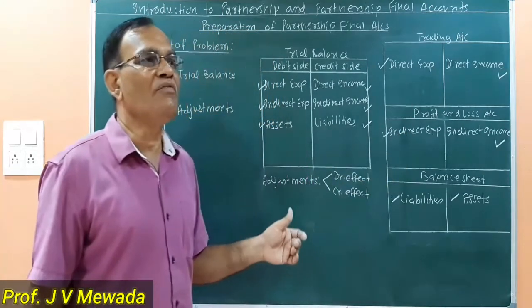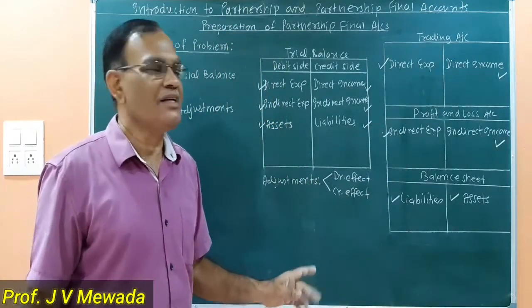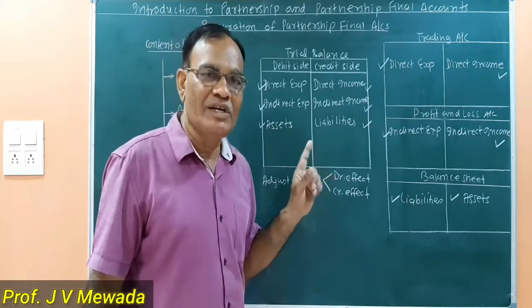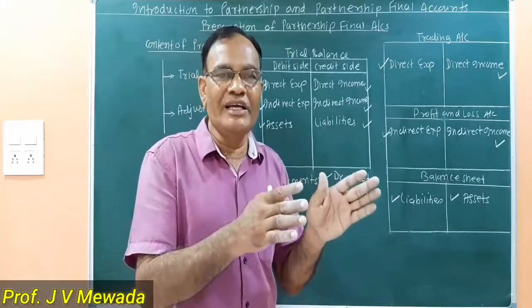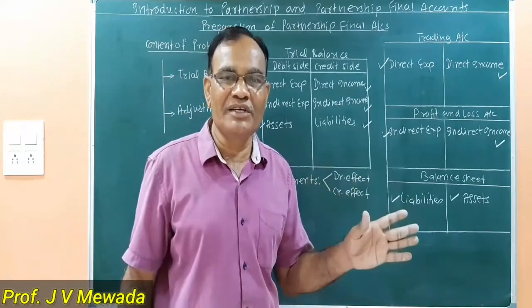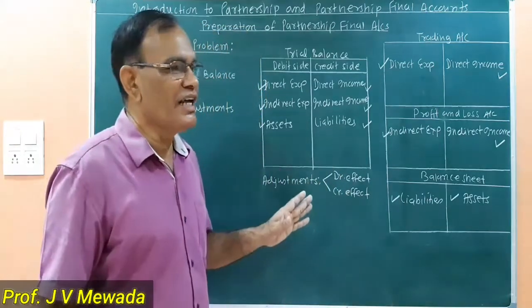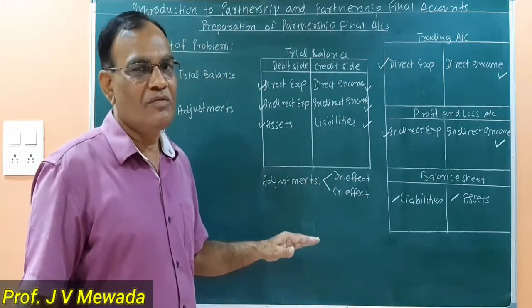So we are doing two effects for each and every adjustment. One is a debit effect and one is a credit effect. Either we are adding or subtracting, that is something different, but the effects are one debit and one credit.